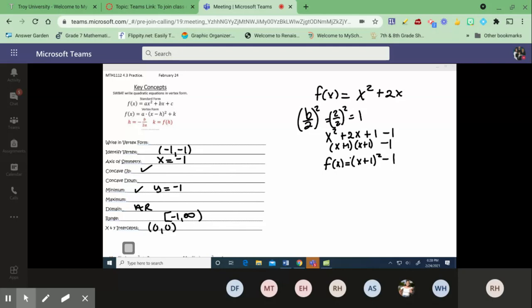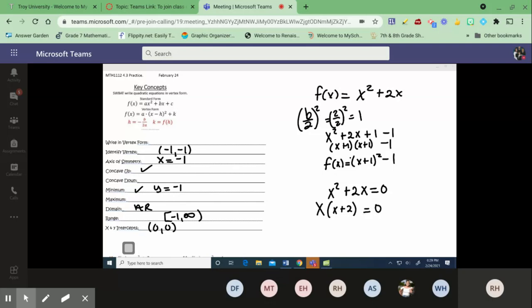Now, if I go to factor this guy, so I say x squared plus 2x equals 0. Don't have that trinomial, but I do have a common factor, so I'm going to say x times (x plus 2) equals 0.